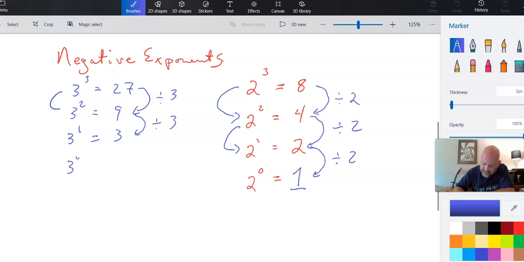So if I have 3 to the 0, I'm going to divide by the base again, and that gives me a 1. And it doesn't matter what the base is, you're always going to be dividing by it to get to that point. And so you're always going to get 1 at 0. And so that's really kind of a new rule. Shouldn't be too new, but yeah, anything to the 0 power is equal to 1. It is not equal to 0.